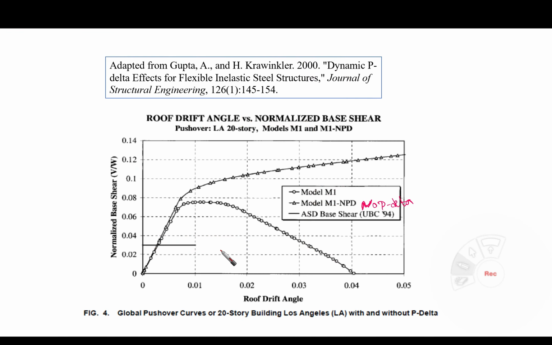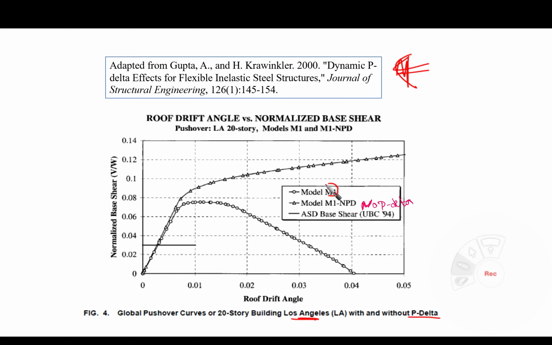This is a script or part of it. You can find it in this paper, on the internet. They were giving two curves for a 20-story building in Los Angeles with and without P-delta.